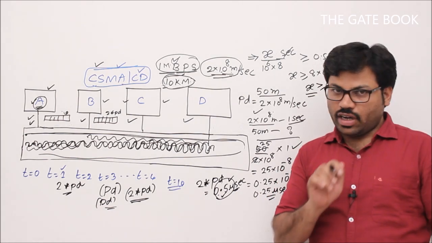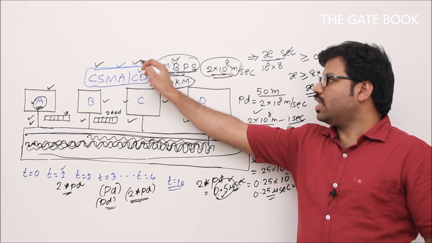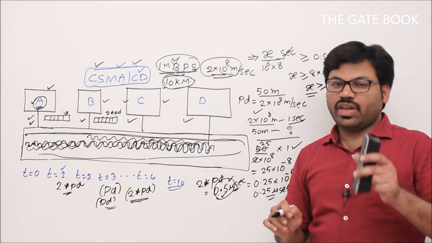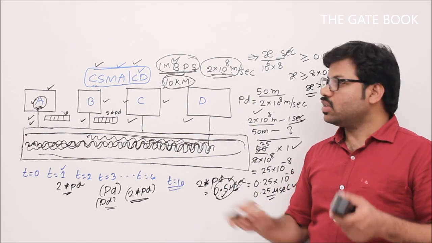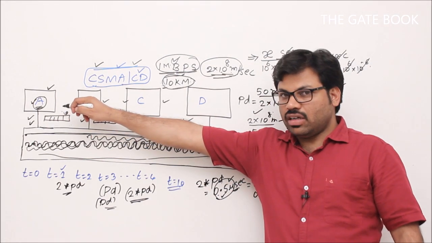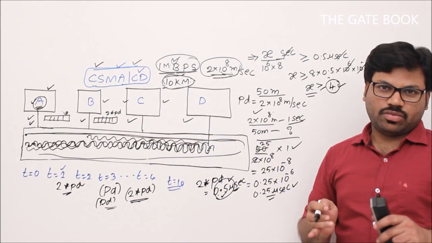In one line, an important point here is that whenever you want to apply the CSMA CD protocol, there should be a minimum frame size restriction imposed on the stations. Otherwise, a corner station like A sometimes cannot detect the collision. Understand?